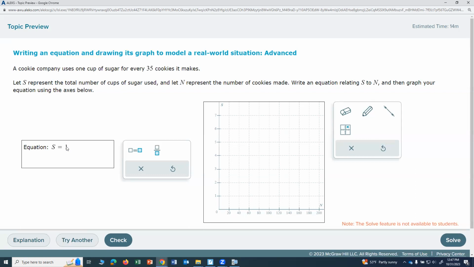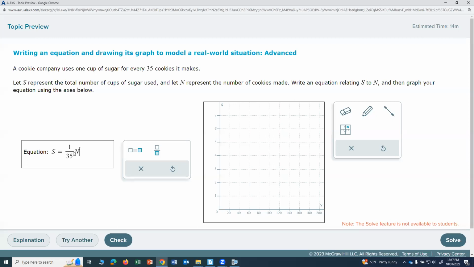So cups is 1 cup for 35 cookies. Remember, slope has to be change in y over change in x. And here my y is the number of cups. So 1 cup for 35 cookies. So slope was S over N, basically. Change in S over change in N. For every 1 cup of sugar, 35 cookies are made.